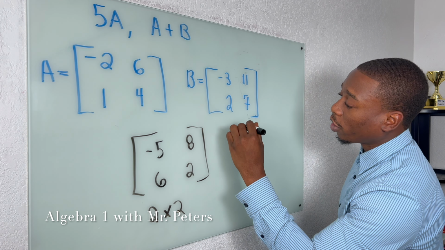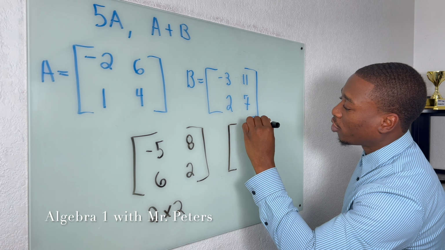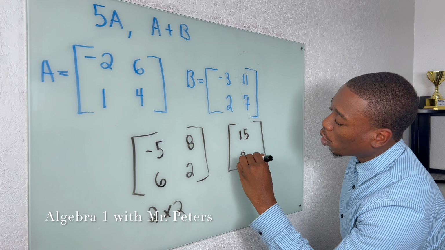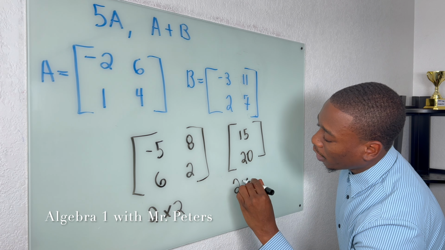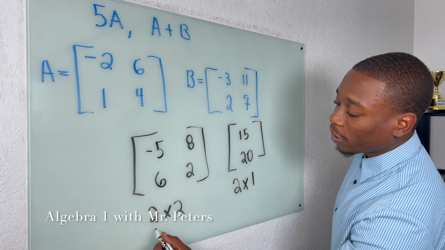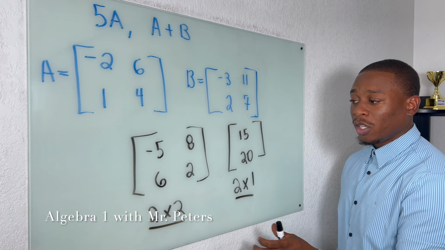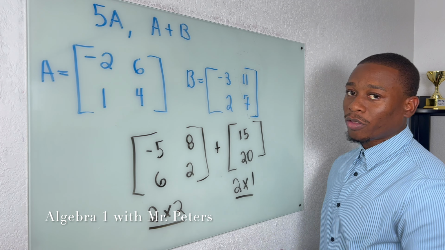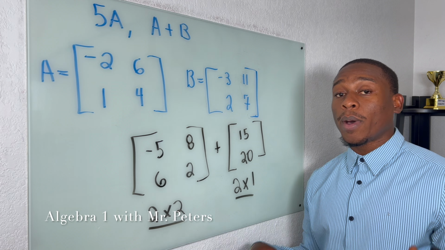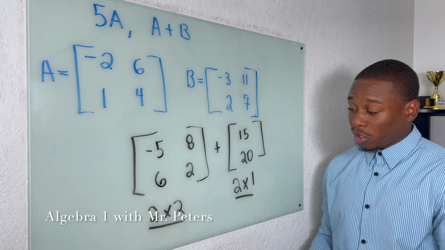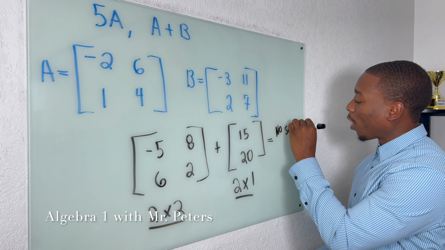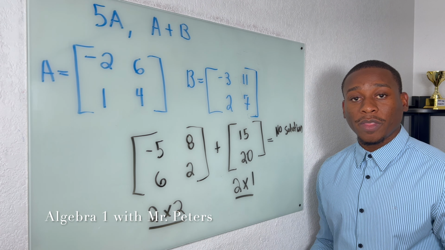And then over here, we have a matrix that is 2 by 1. So what we have to understand, guys, is for us to properly add them, they have to have the same dimensions. So if we're to add these two together, guys, we would not be able to because they do not have the same amount of rows and columns. So this right here would be like no solution, okay? Because we cannot solve that.